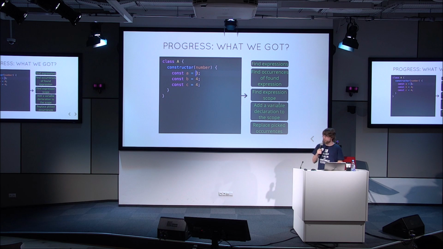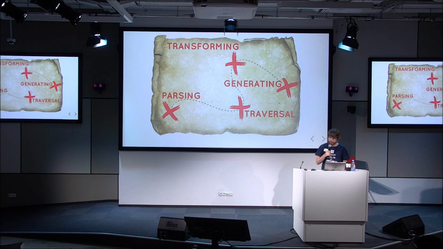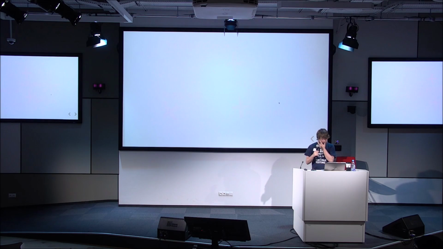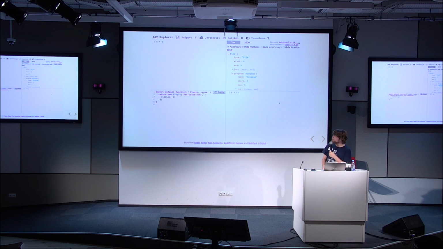But there's one more thing that we didn't talk about yet, and that's the generating of the code back from the AST. So there is one problem with our previous stuff that doesn't take into account one very necessary thing we need to take care of in our application. Anyone sees a problem with this code?